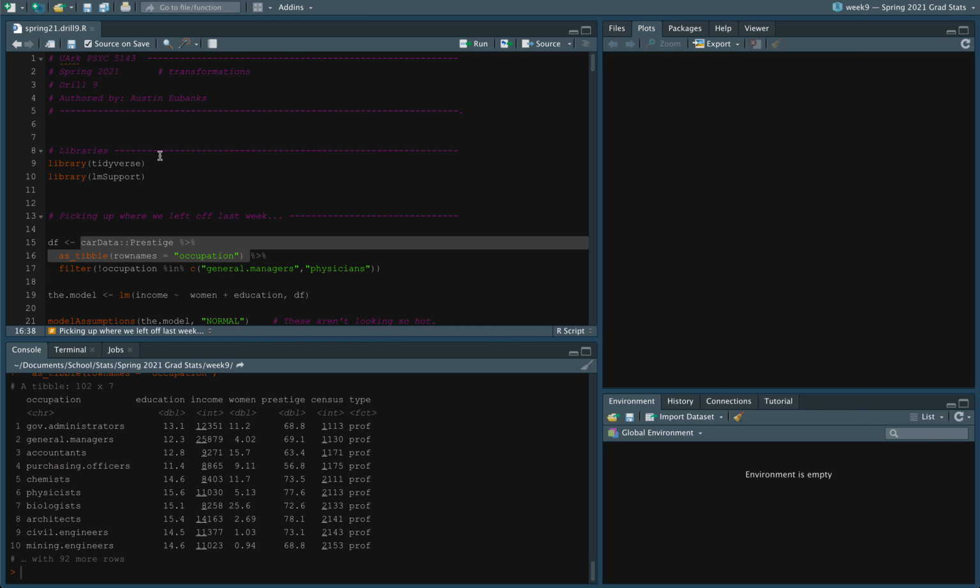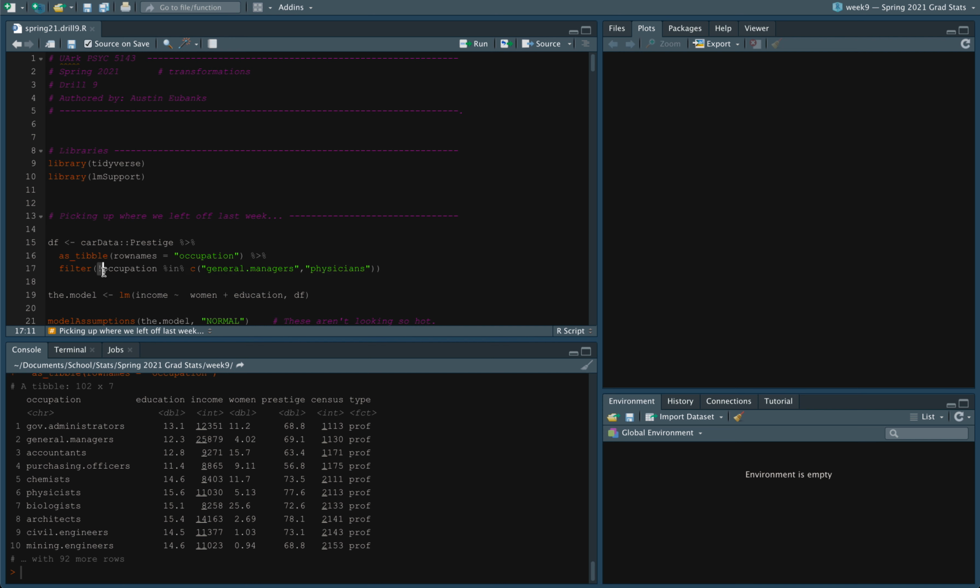And then, based on what we did last week, we know we've got to take out those general managers and physicians. So we're filtering those out by saying not occupation in this %in% operator, which, as a reminder, takes whatever's on the left-hand side and searches within some vector on the right-hand side. So this is looking for occupation in this combined vector of general managers and physicians.